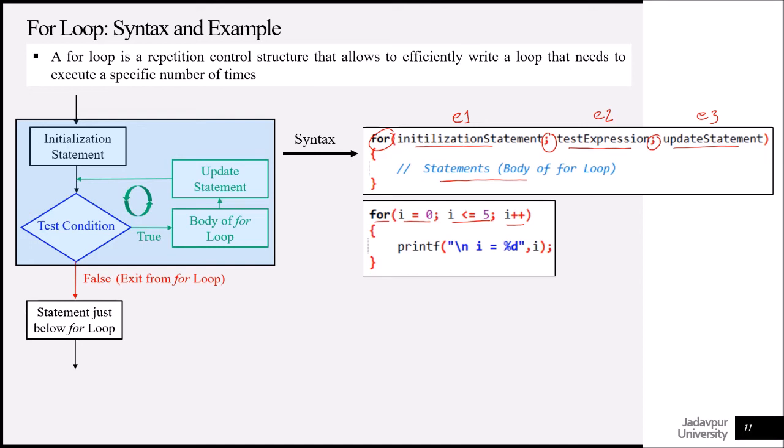As it is given as i++, it will become 1 and go back to the test expression. It will not go back here. The initialization statement is evaluated only once at the start of the loop. So when it comes back for the second iteration, this is not evaluated.